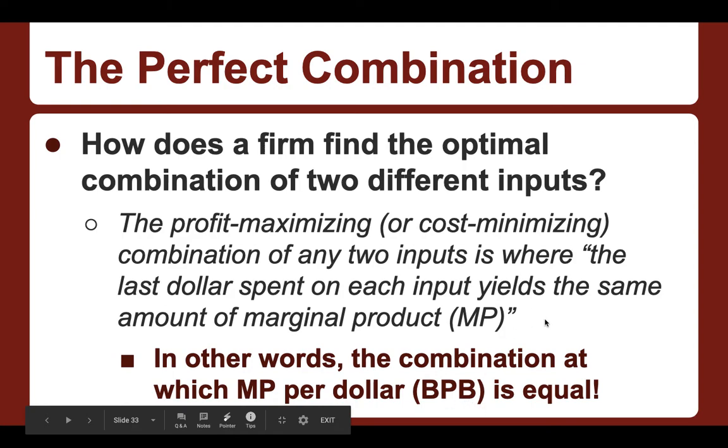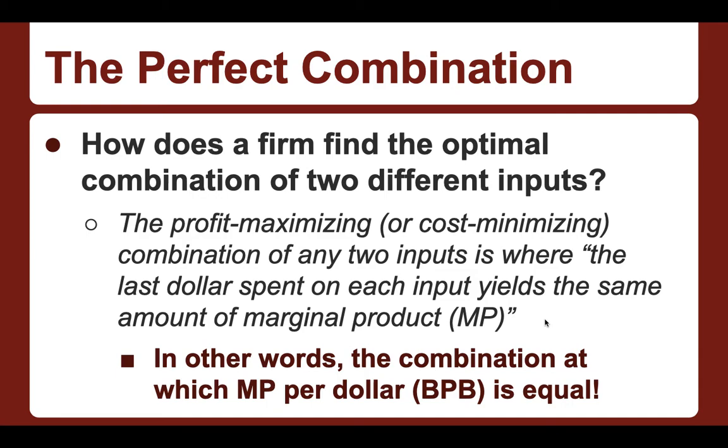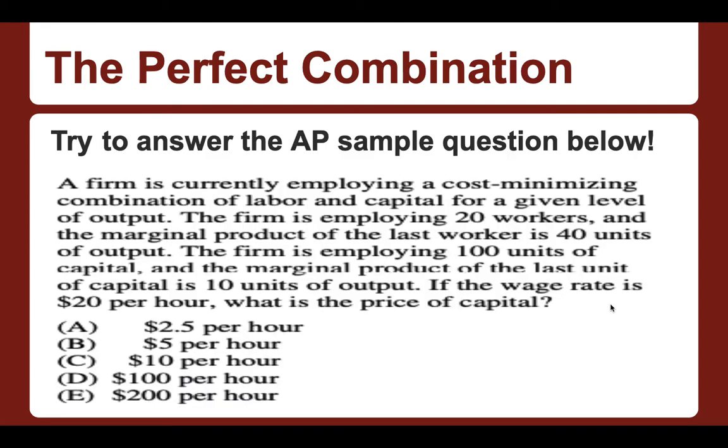So we already determined how many units we want to produce, right? Now we're trying to figure out what's the best combination of factors to get to that quantity. So here's an example AP question. It says a firm is currently employing a cost minimizing combination of labor and capital. So they're already doing the best they can. We know they're cost minimizing.